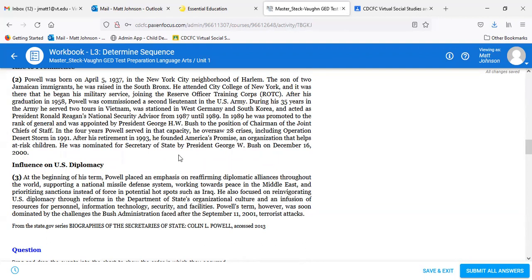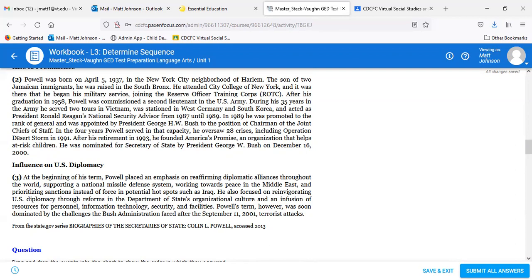He also focused on reinvigorating U.S. diplomacy through reforms in Department of State's organizational culture and an infusion of resources for personnel, information technology, security, and facilities. Powell's term, however, was soon dominated by the challenges the Bush administration faced after the September 11th, 2001 terrorist attack. And that's from the state.gov website, and it's a biography of Colin Powell.